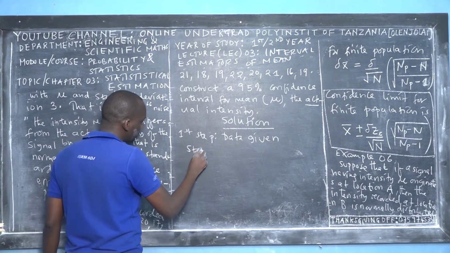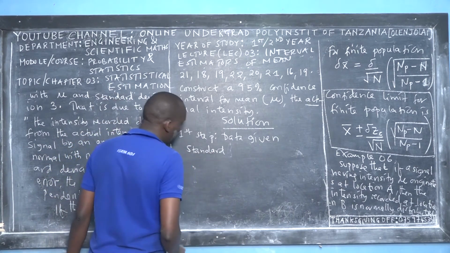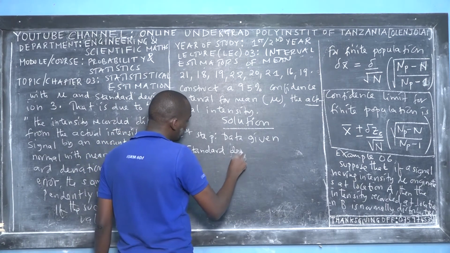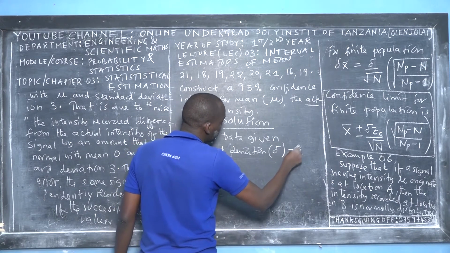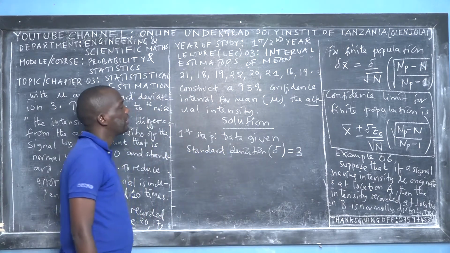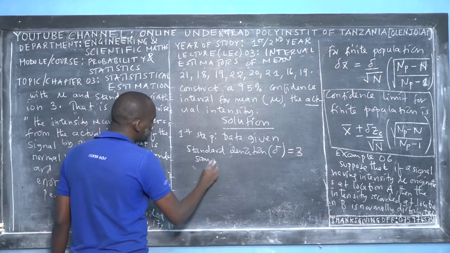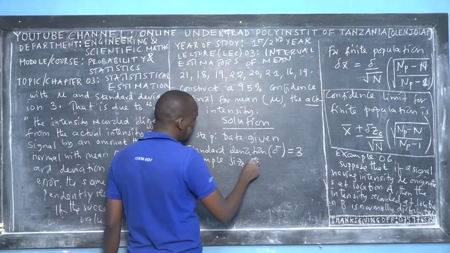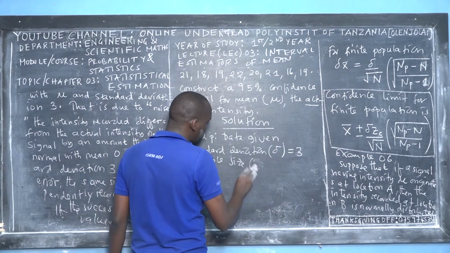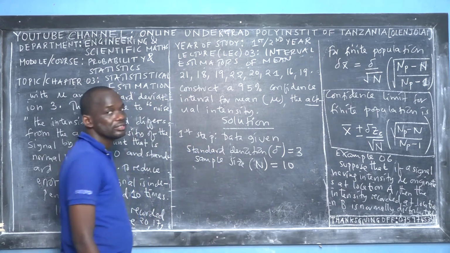In this entire module, we use this symbol for the standard deviation of the population. So this is equal to 3, right? And then you are given the sample size. The experiment has been repeated 10 times, so the sample size is equal to 10.